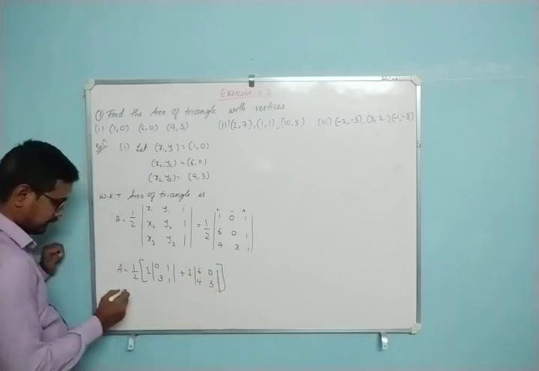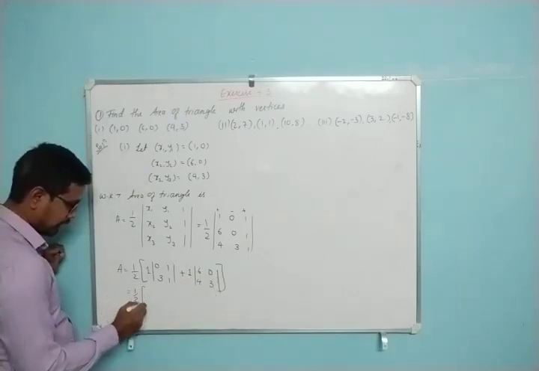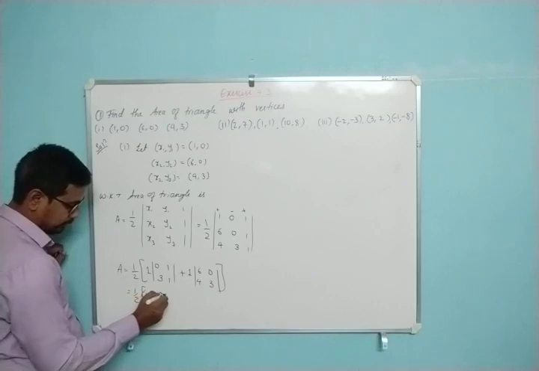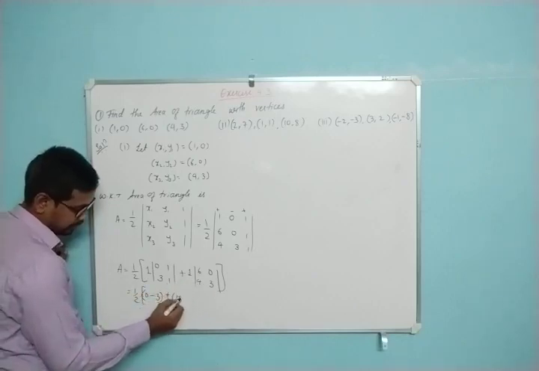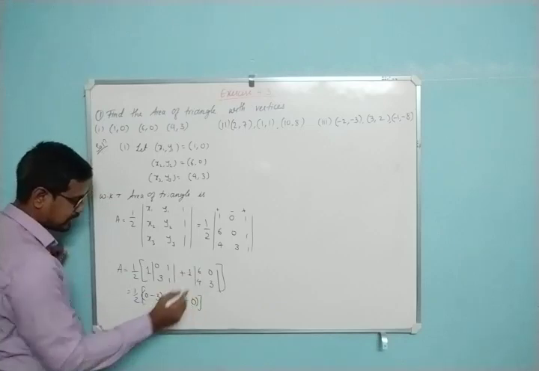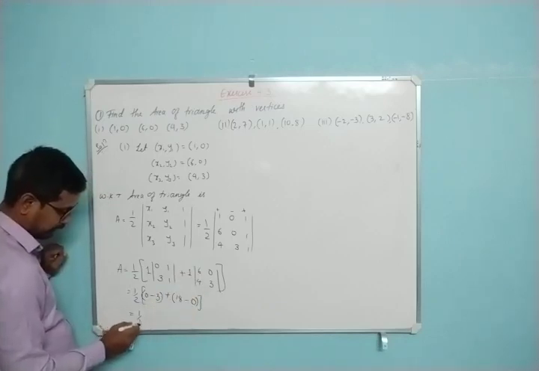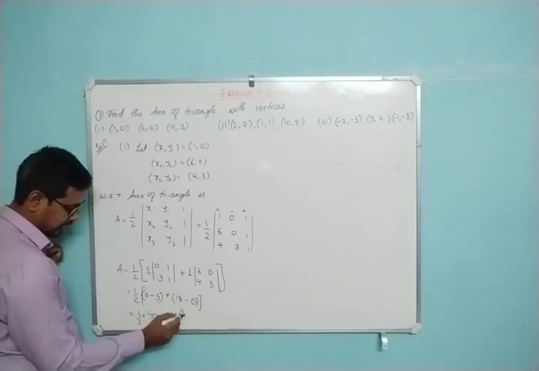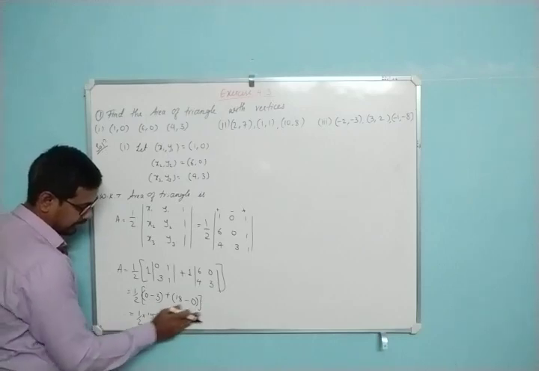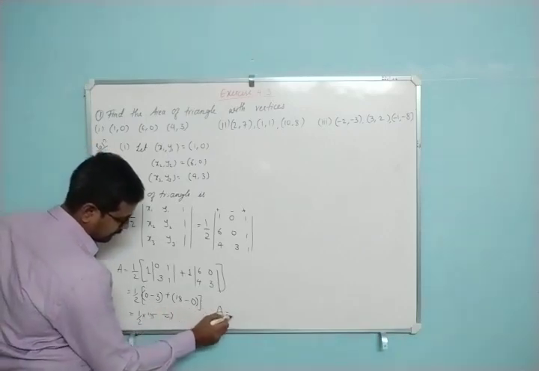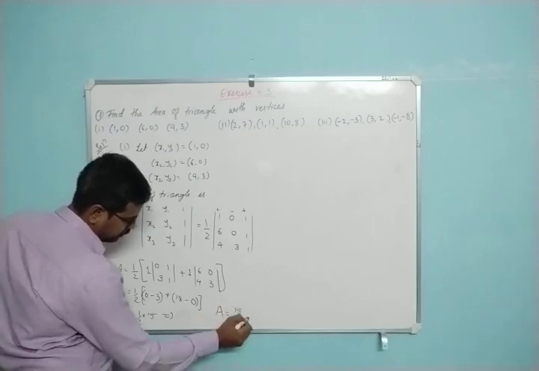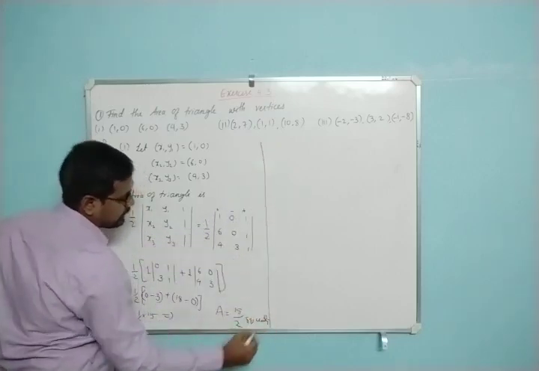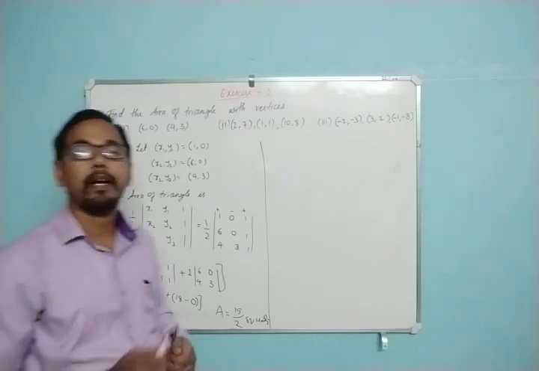So this will be half into 0 into 1 is 0 minus 3, plus 6 into 3 is 18 minus 0, 4 into 0 is 0. So this is half into minus 3 plus 18, that is 15. This implies A is equal to 15 by 2 square units.